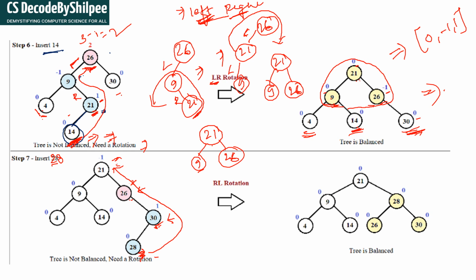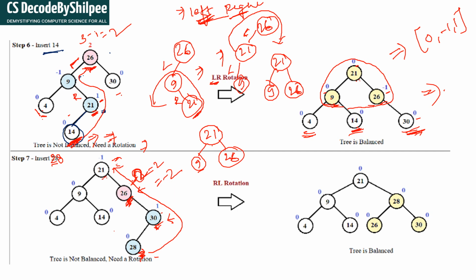The balance factor of 28 is 0. The balance factor of 30 is 1. The balance factor of 26 is -2, because there is no left child, but the right child has height 2, so 0 minus 2 gives -2. Here the property is violated, so it is not required to calculate the balance factor of 21.